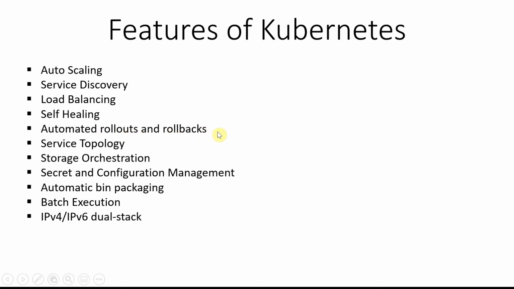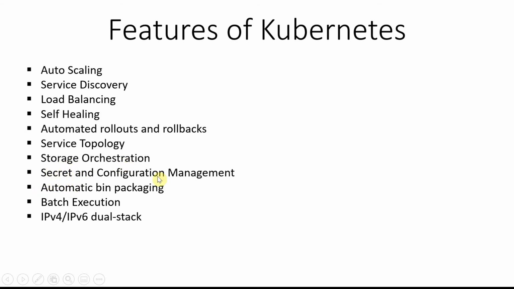When you deploy something and you find some issues, then you have to roll back immediately. In most organizations, it will take 1 or 2 hours to roll back. But here in Kubernetes, it's just one command line which will roll back your code, which is pretty quick. And also the orchestration of various storage aspects.